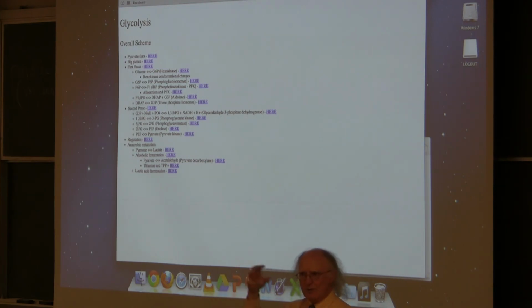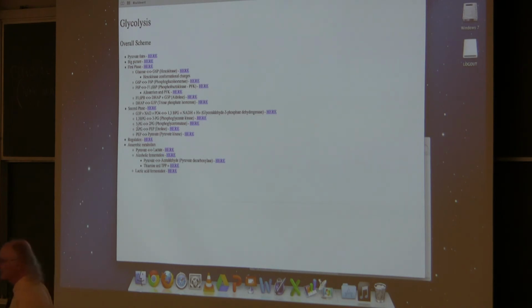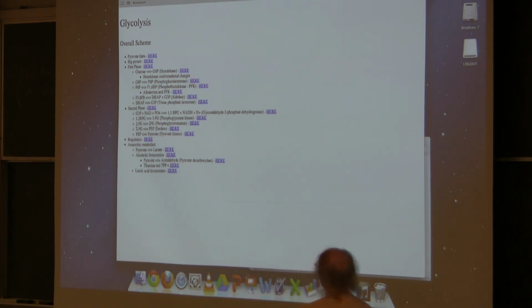So something we call glycogen metabolism connects to glycolysis. Now that's important because everything that happens in the cell is ultimately connected to everything else in the cell. We think about them in isolation, but they're all connected. Okay, that's a very important first point.